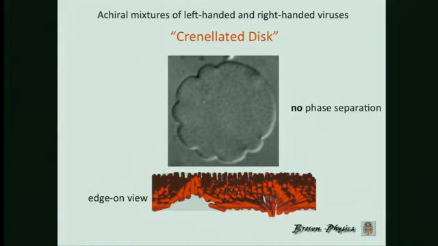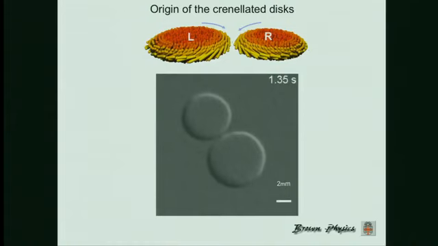And here's a cartoon based on the optical microscopy that shows you what the FD viruses are doing. Maybe at this point let me show you the movie first, and then I can come back to this picture. So here's the way these things form. They start out with disks of opposite chirality, let's say left-handed and right-handed. Remember, I showed you earlier that when you have left-handed, it has to twist this way.